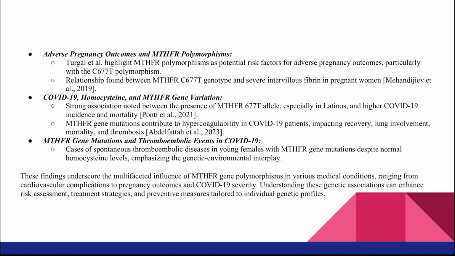So far, we have discussed that increased homocysteine levels were associated with increased thrombosis risk, but here it was shown that young females who had only genetic mutations, which did not influence homocysteine levels much, had thromboembolic implications. So it emphasizes that there could be other factors playing into this. Maybe some environmental and genetic confounding variables could also play into this.